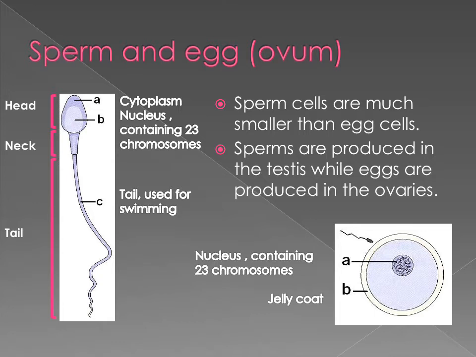The egg, when we look at the structure of the egg in the diagram on the bottom right hand side, the nucleus contains again 23 chromosomes. Again, this cell will be called a haploid cell. The nucleus is surrounded with the normal cytoplasm, and there is a jelly coat to help the cell stay having its own nutrients and staying healthy.